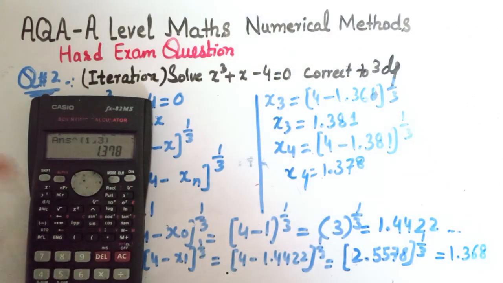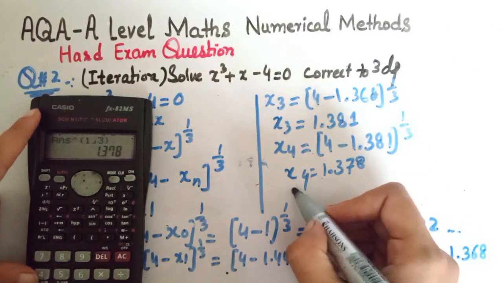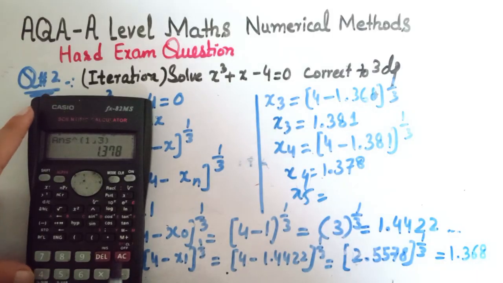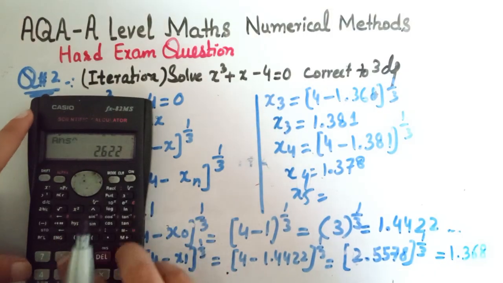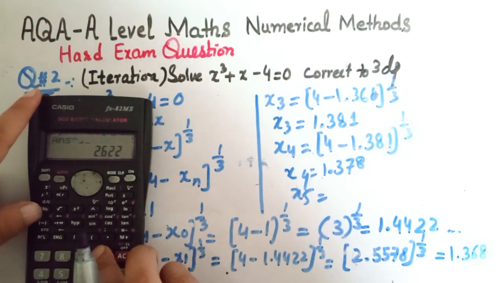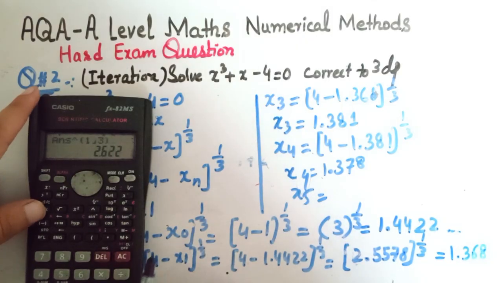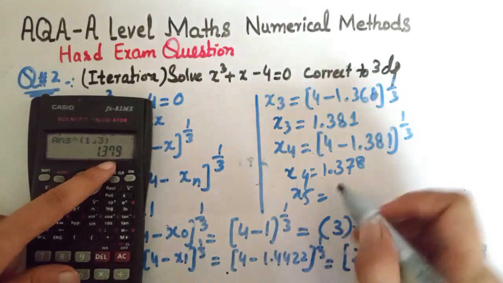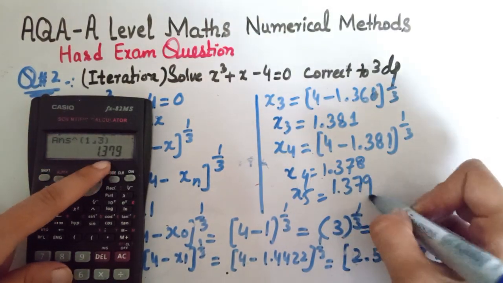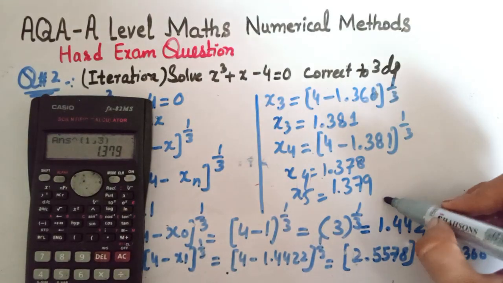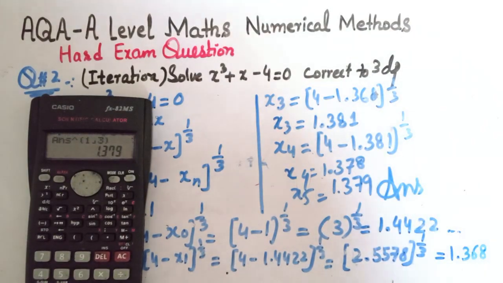And when we again solve this, we get the value of x5 as 4 minus answer, and its power is 1 by 3. We get 1.379. So rounded off, this gives us the answer 1.379.